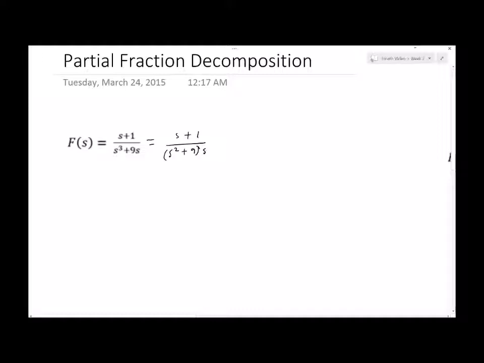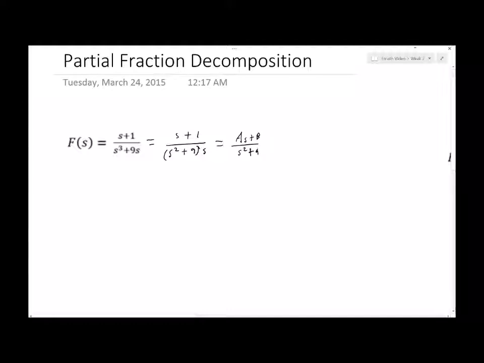The bottom s squared plus 9, we have in our Laplace sheet, and 1 over s we have that too. For each separate thing in the denominator, we're going to have a different numerator, and we'll leave them as a's, b's, and unknown variables right now. So as plus b over s squared plus 9.